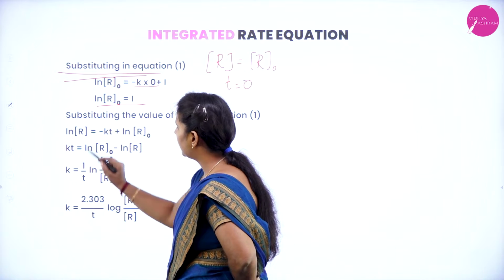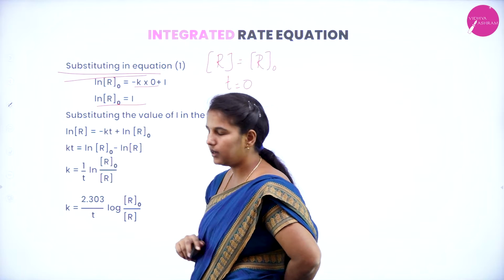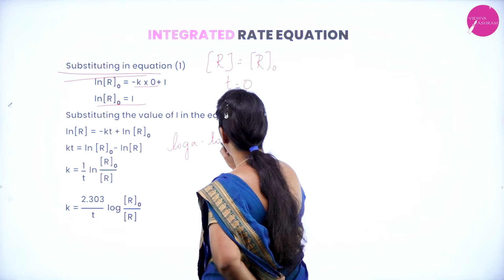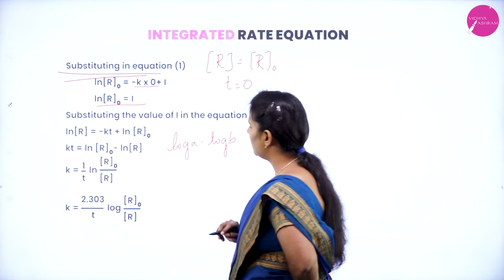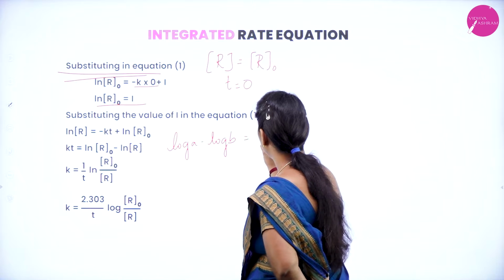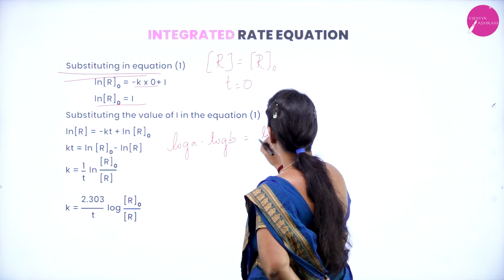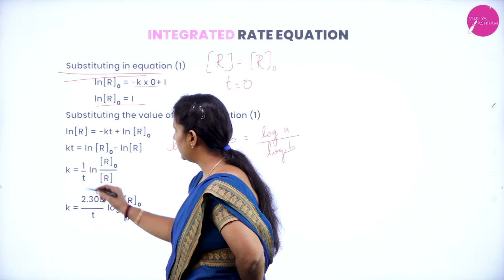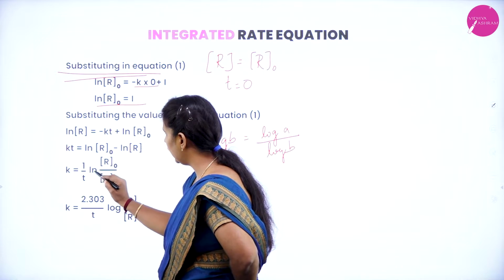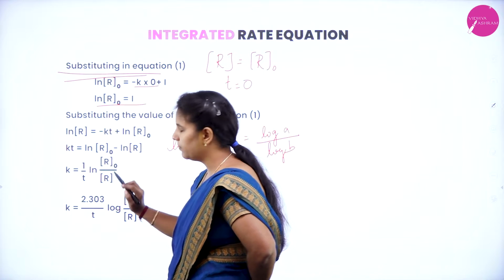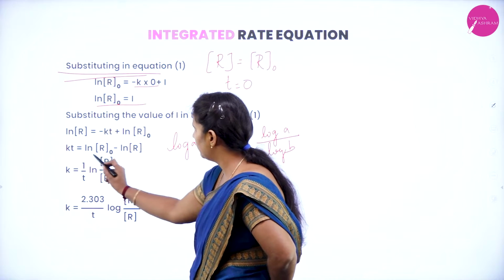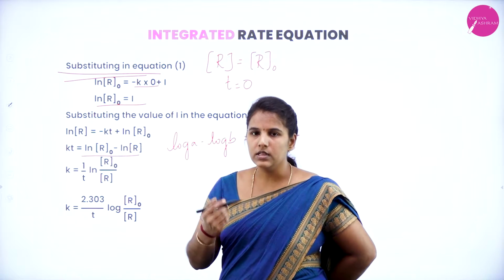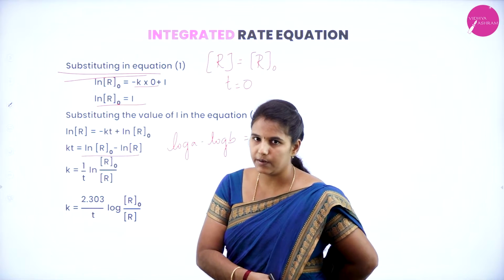So kt is equal to ln R naught minus ln R. This looks like log A minus log B, which is nothing but log A divided by B. That is why I have written K is equal to 1 by t into ln R naught divided by R. Because this looks like a log of A minus log B, that can be written as log A divided by B.